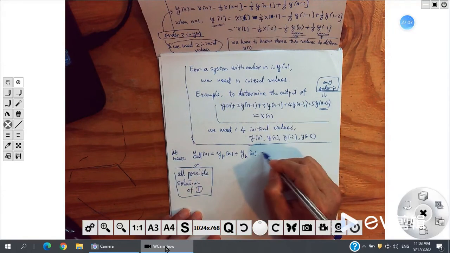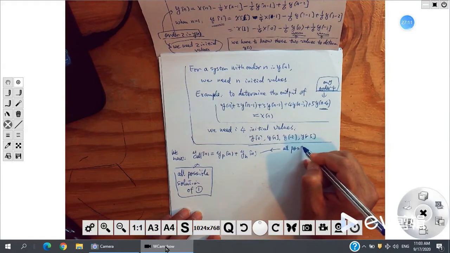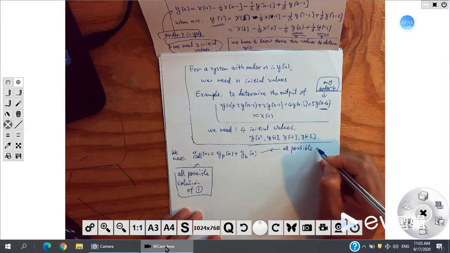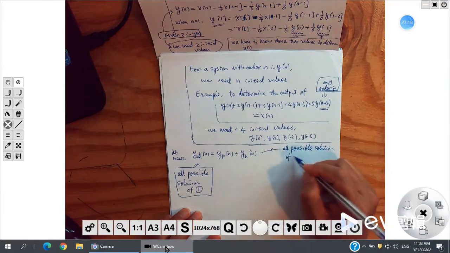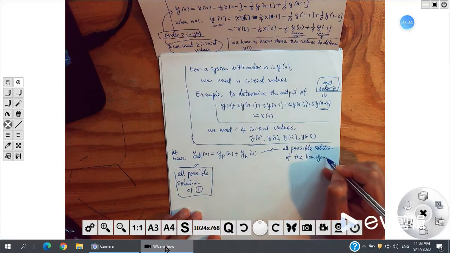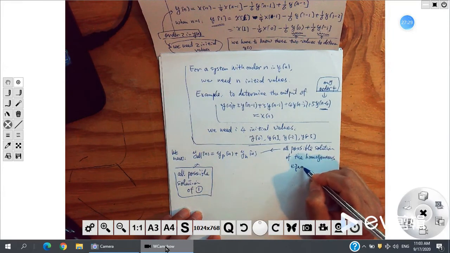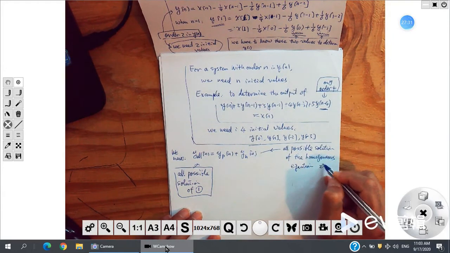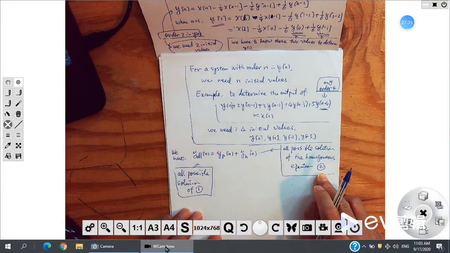And this y h, they are all possible solutions of the homogeneous equation. That is equation 2. You just remove all the terms with x terms, right? Remove them, let them equal to 0.